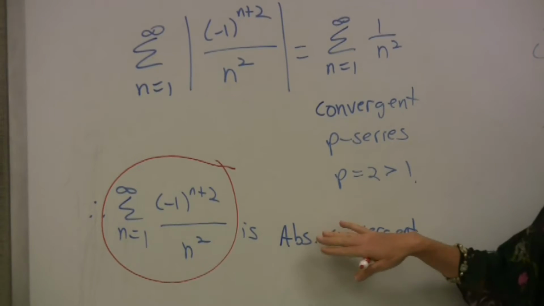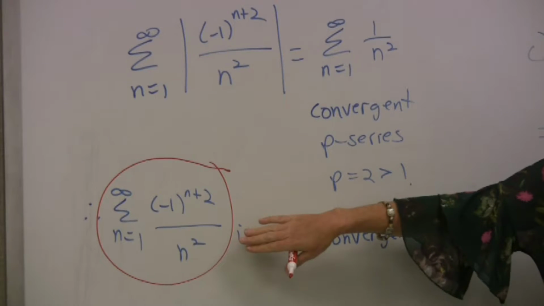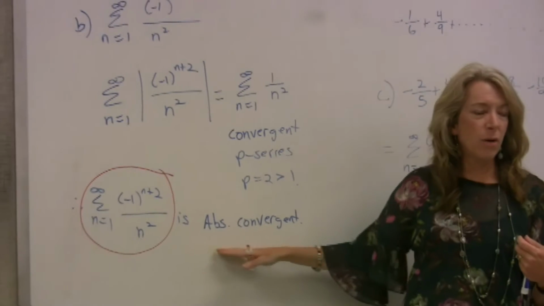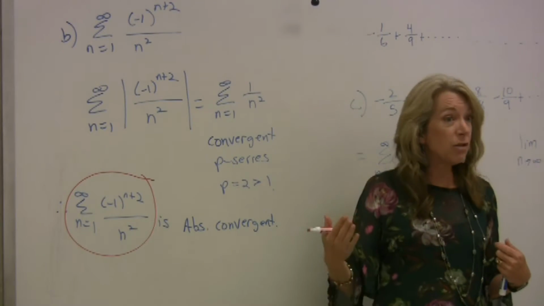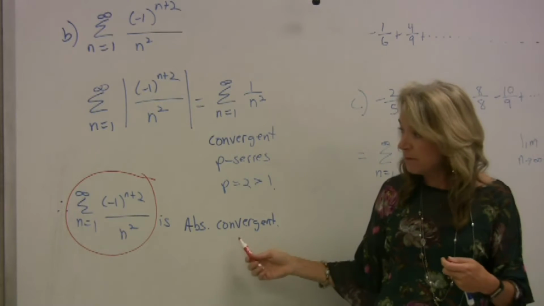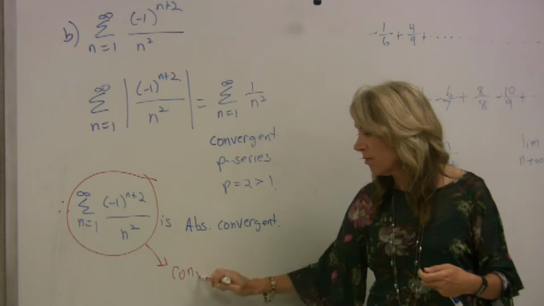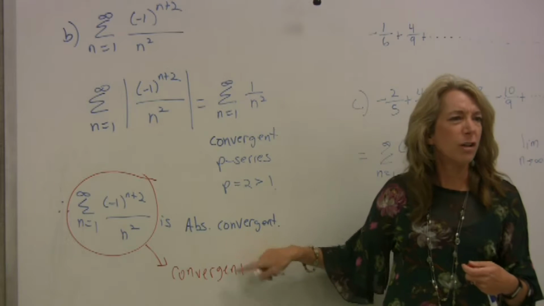Because if I hadn't asked for absolute convergence, you could have maybe checked it with the AST or something, and you would have found that it converged. But my point is, once you know it's absolutely convergent, you don't need to check again to see if it converges in its original form. So because this is absolutely convergent, this is also convergent. Because this is stronger than that.